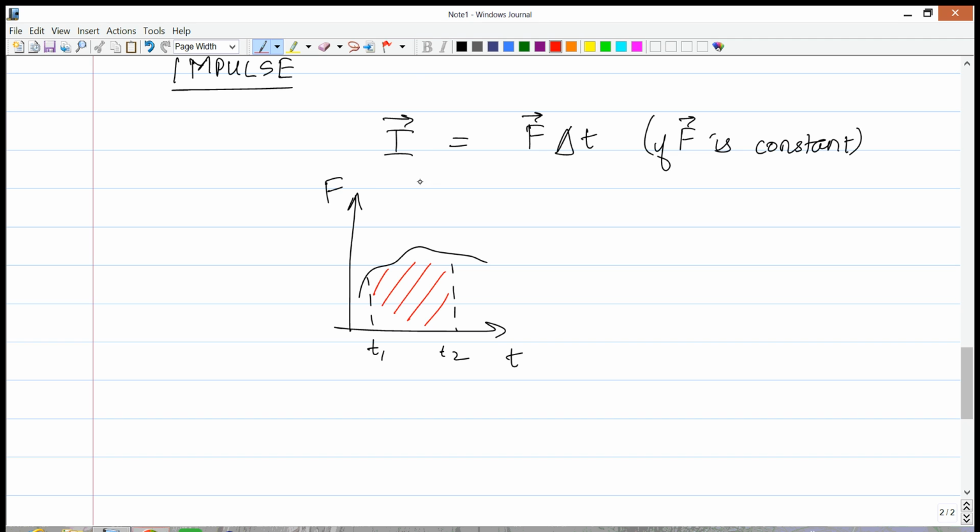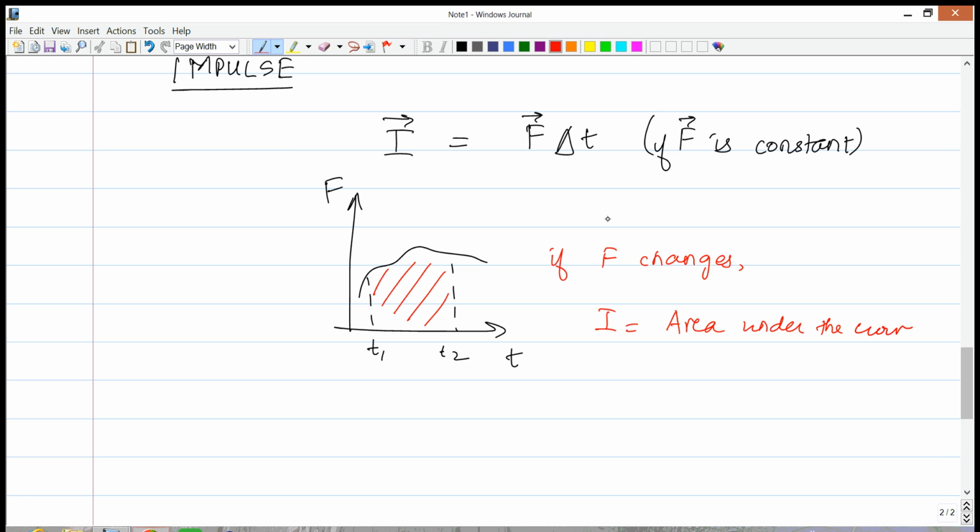So to find impulse for variable forces, if F changes, then I can be found by calculating the area under the curve.